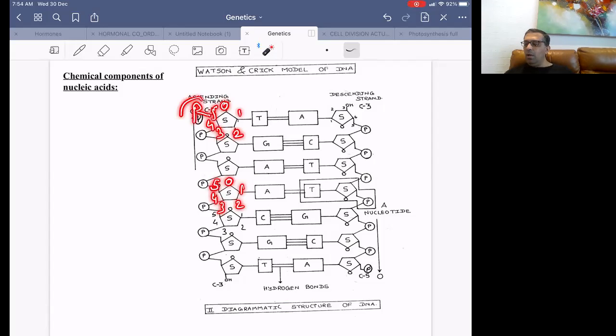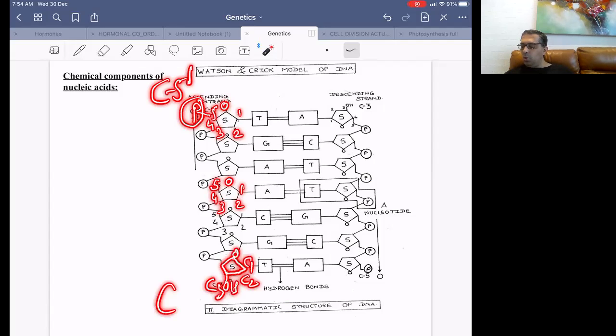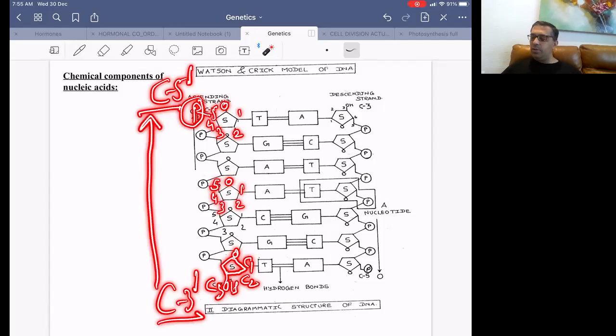Where is the C5 end present? Above. And where is the free hydroxyl present? Below. So this is the C3 end to the C5 end, C3 to C5 going upwards.